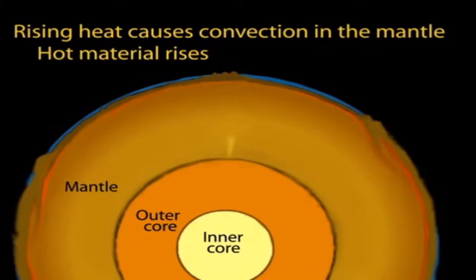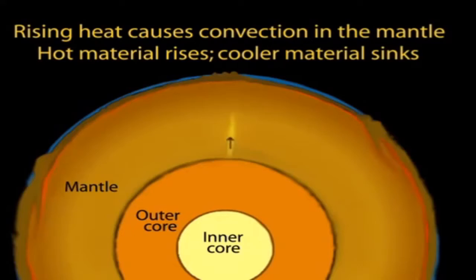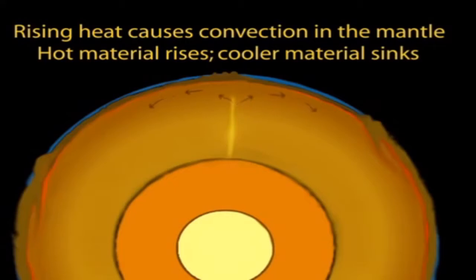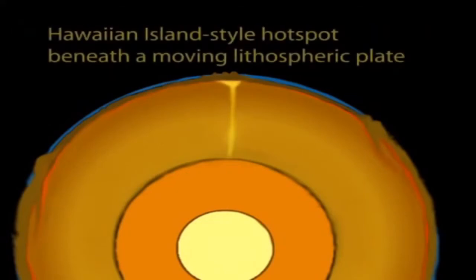The thermal plume allows solid, yet mobile mantle to rise very slowly and convect outward. Convection is the process by which heated material rises and cooler material sinks. Although magma may be generated as deep as 1,500 kilometers, individual blocks do not traverse the entire mantle.